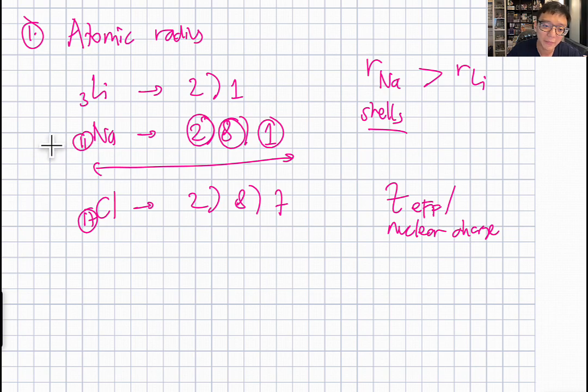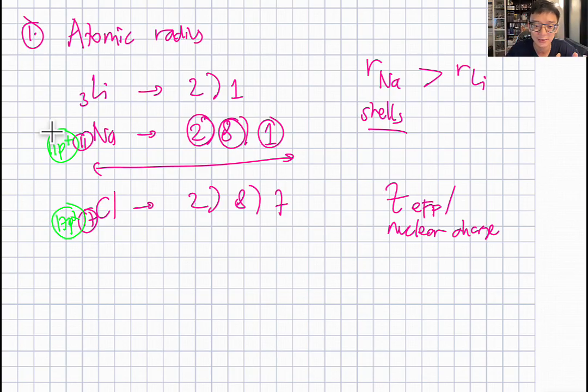So 11 here means 11 protons in the middle, and also 11 electrons across the sub-orbitals. And then here 17 protons also. Now you can imagine that protons and electrons do have attraction forces, because positive and negative charges attract each other, just like the North Pole and the South Pole of a magnet would attract each other as well.